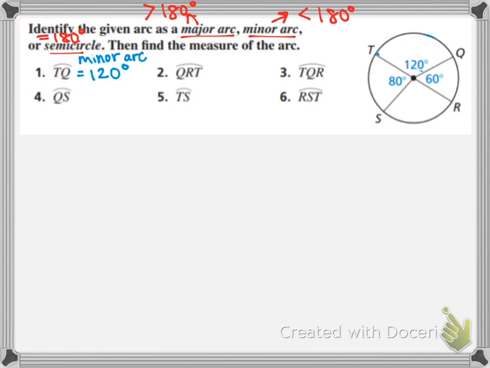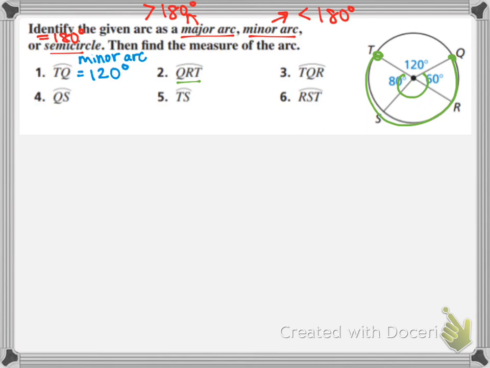The second, we have QRT. So we're going to start at Q, go towards R, and then end at T. We couldn't have gone the other direction because we wouldn't have hit R. So Q, then R, then T. So it'll be the same measure as this angle.